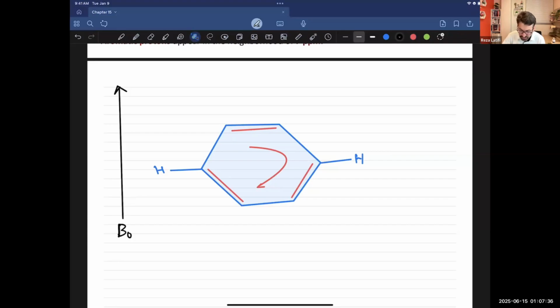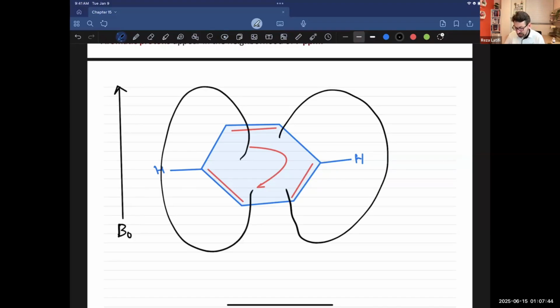Okay, so the magnetic field, we can draw it this way. I'm going to say the magnetic field here is going up, and that one is coming down. I'm going to call this the magnetic field of the pi electrons. Now, let's talk about the hydrogen atoms that are attached to the phenyl ring.